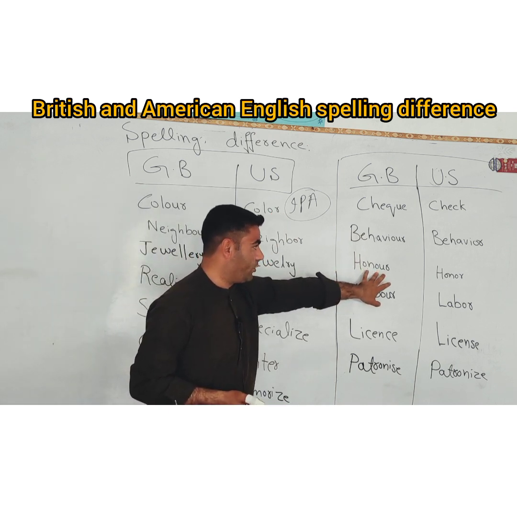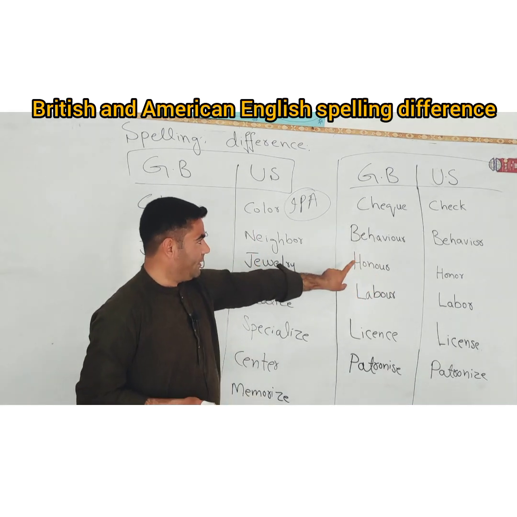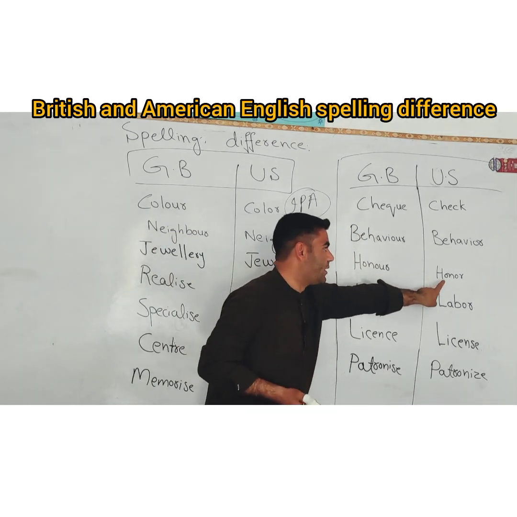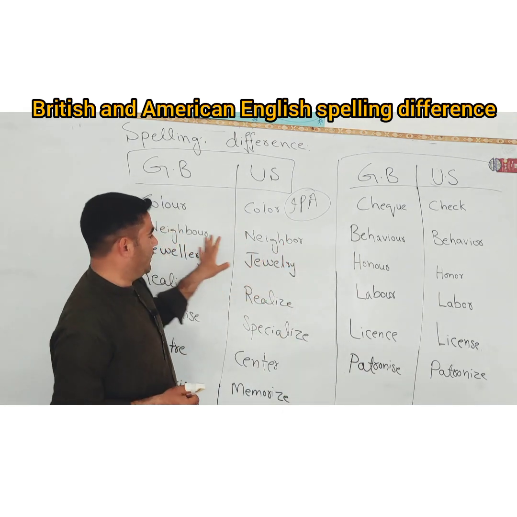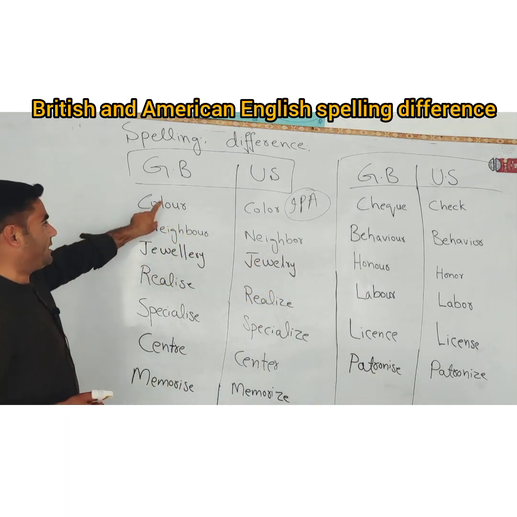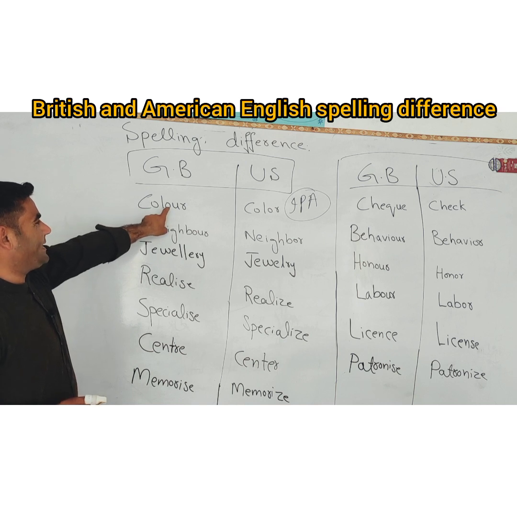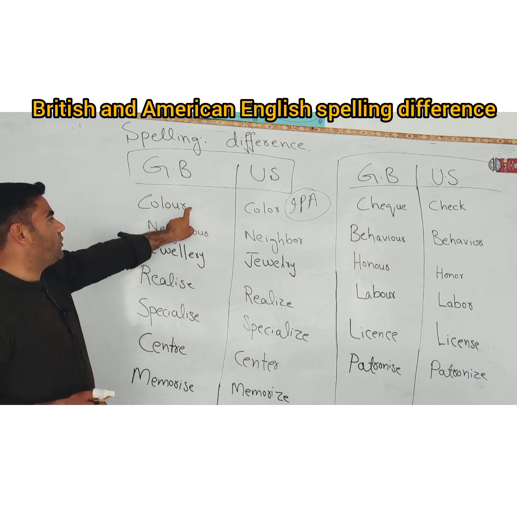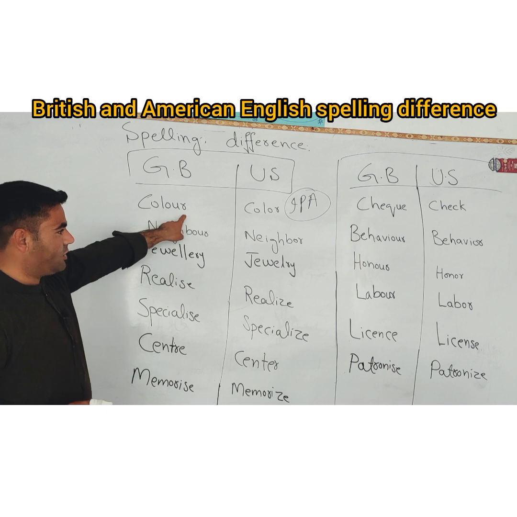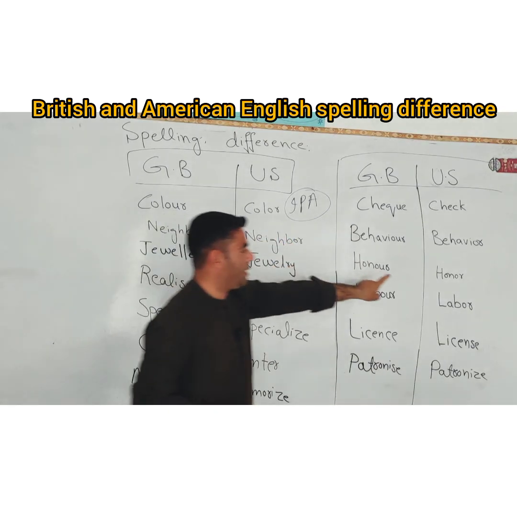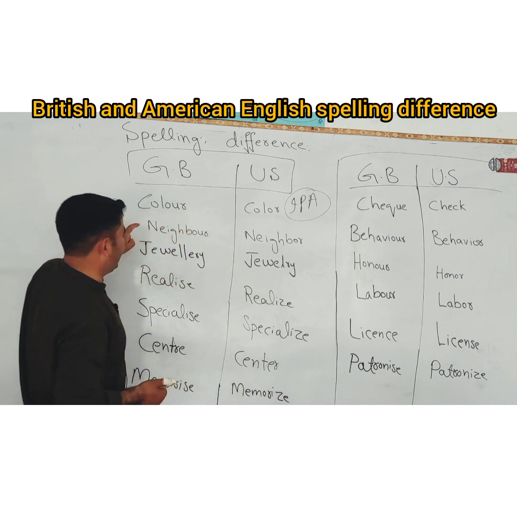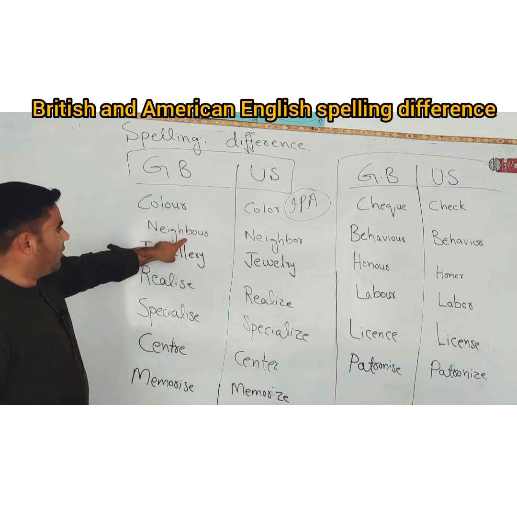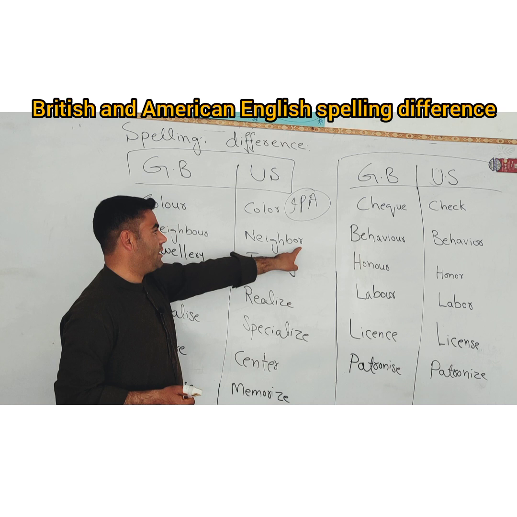You see O-U-R in British English and O-R in American. So simply you can say that if the word ends with O-U-R in British English, in American English it will be just O-R. You see neighbour, O-U-R, and here just N-E-I-G-H-B-O-R.